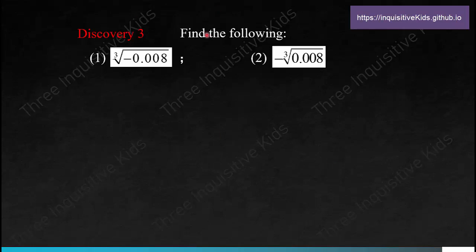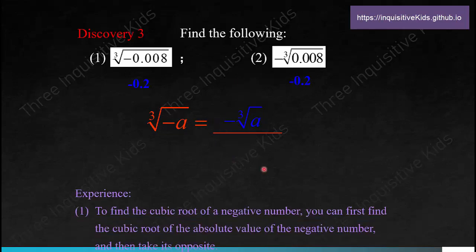Find the following, and these are a few decimals, but you have to be careful where this negative sign goes. Alright, so this is equal to negative 0.2, and this is equal to negative 0.2 as well. So the cubic root of negative a is equal to negative cubic root of a.